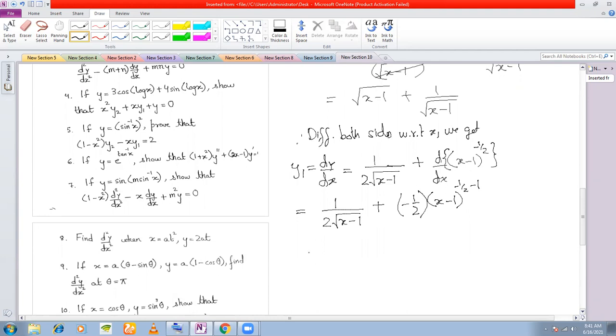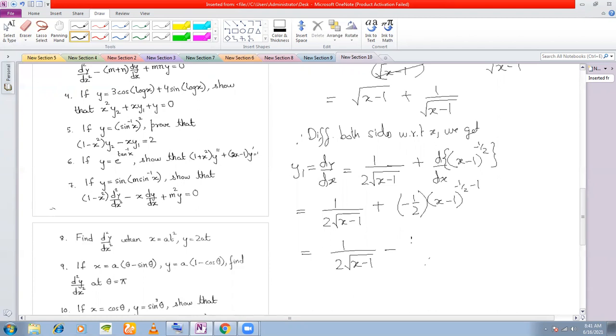So this is 1 by 2 root x minus 1 minus 1 by 2 into x minus 1, or let me write this as negative power because we need to differentiate once again. So we'll write it with negative power only, no problem. Okay.